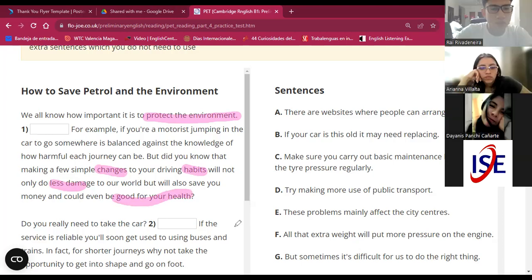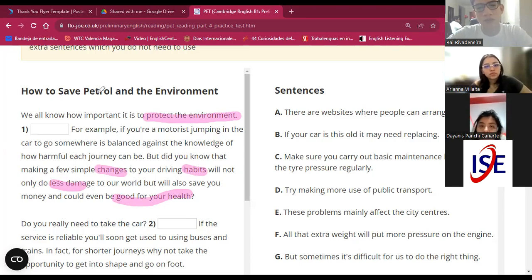Those are the most important words here, because the title is how to save petrol, save money in petrol. Remember, British English petrol, American English gasoline. So the important idea here is how to save petrol, meaning that you save money and protect the environment.